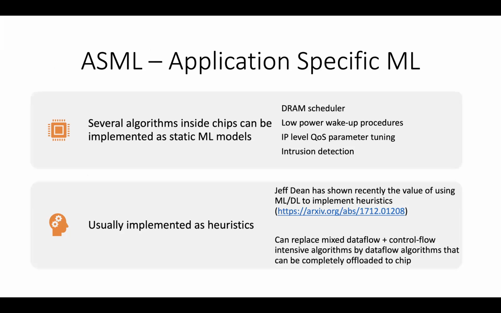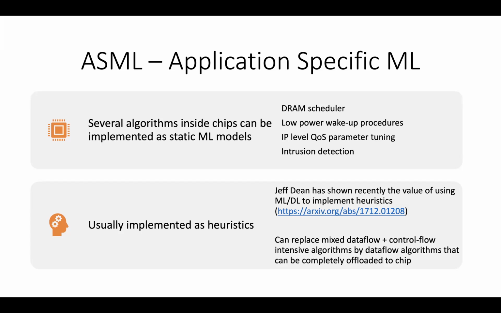And that comes with our definition of what is application-specific ML. First of all, several applications can implement it as static ML models inside the SoC, inside the chip. For example, DRAM scheduler, low power wake-up procedures, IP level QoS, parameter tuning, intrusion detection in an SoC, and etc.